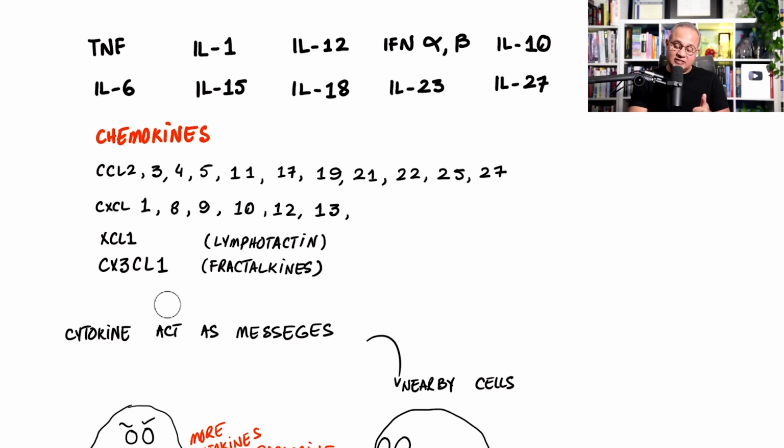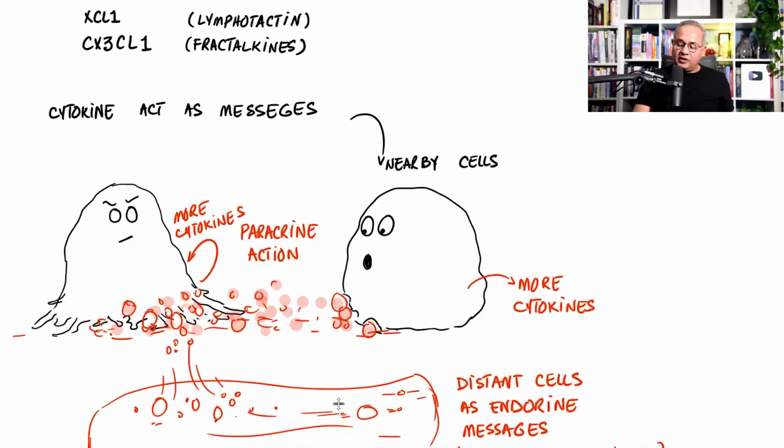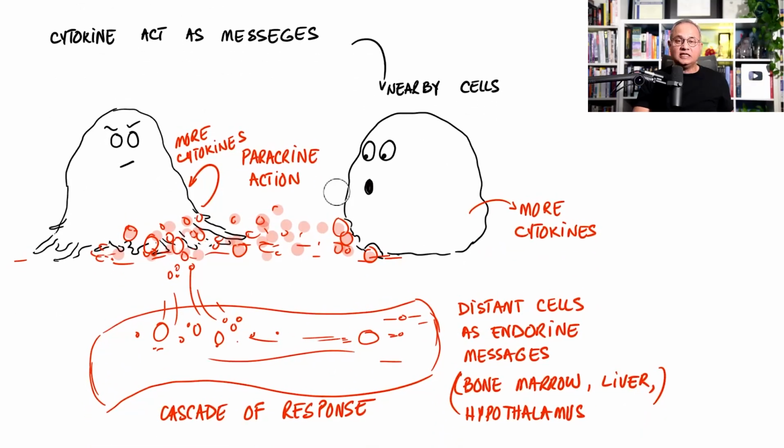And then we have CX3CL1, which are called fractalkines. And we'll do the discussions as we discuss various parts of inflammation, but just keep an idea that chemokines are chemical molecules that would result in other cells moving to the site of inflammation. That also means if you don't want other cells to come there to the site of inflammation, then maybe you can modulate chemokines.